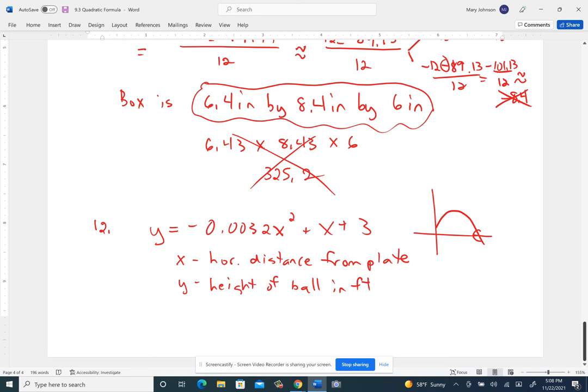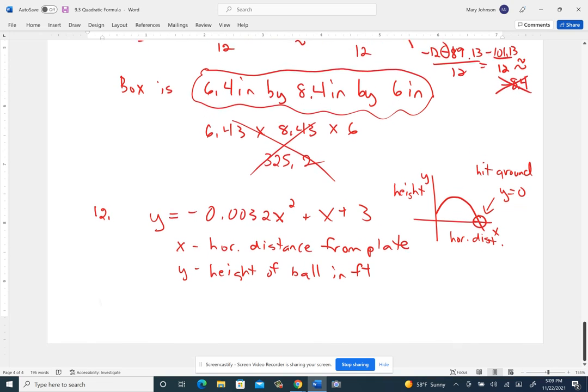And the question we have to answer is how far from home plate does the ball hit the ground? All right. So the idea is that if you've hit the ground, Y equals 0. That's what hitting the ground tells you, is that the height must be 0.